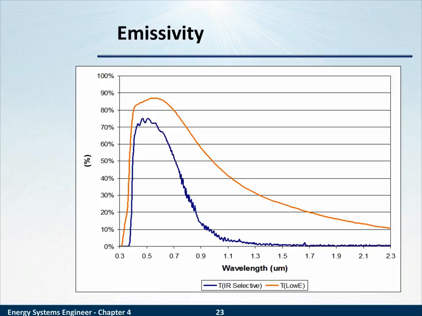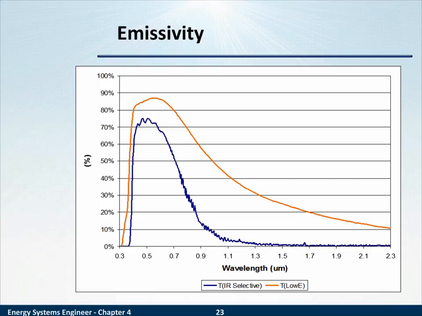And the low E, again, does not stand for low energy, it stands for low emissivity. And what it says is that in the very, very long wavelength, over 2.5 microns, the low E has a very high infrared reflectivity, a low emissivity.